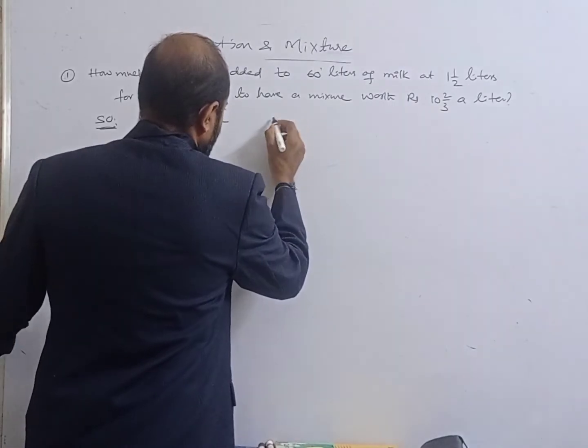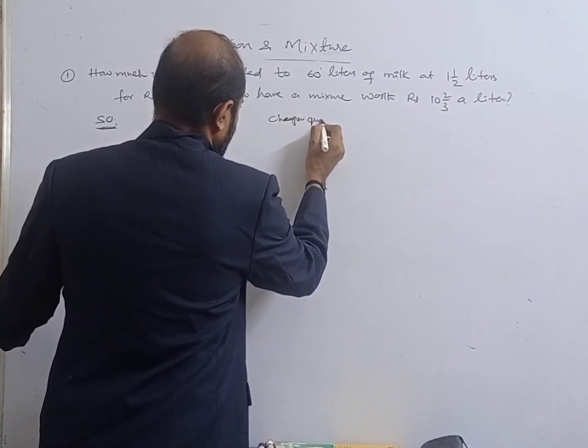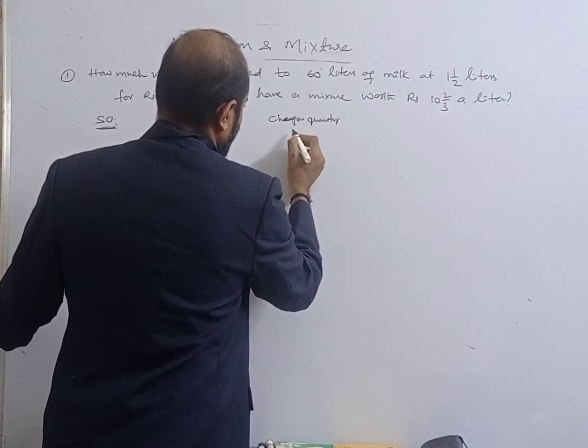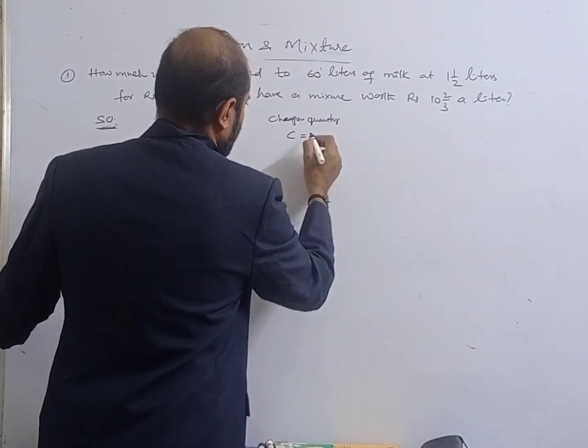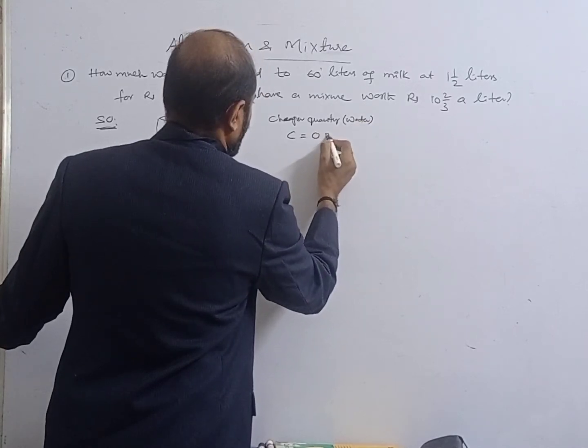Now, what is the cheaper quantity here? Cheaper quantity C is water, so its cost price is 0 rupees.